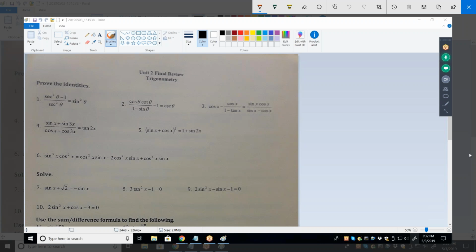All right. One of the tricks about proving trig identities is if you can't do it, as a last resort, change everything to sine and cosine.